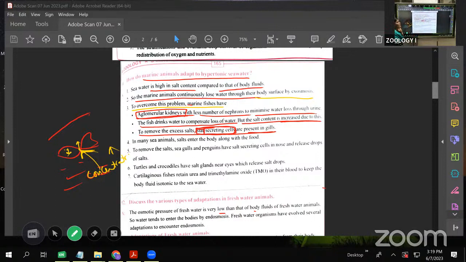Next, in many sea animals, salt enters the body along with the food.